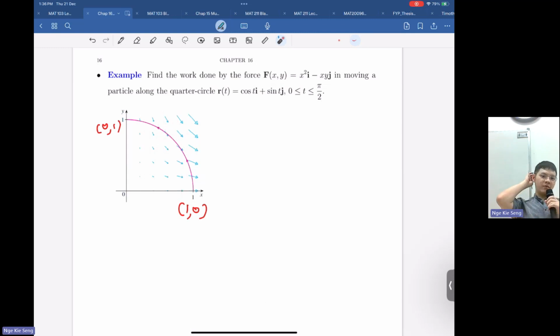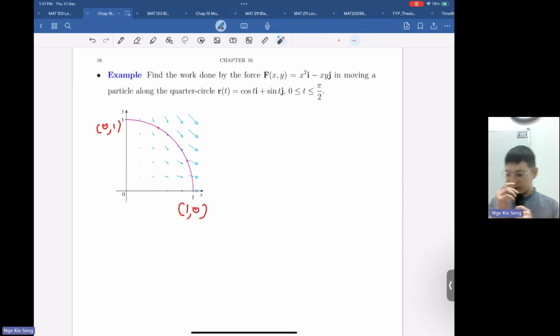So what can you expect here? Usually when you do work, when you push forward, the thing also moves forward. But this thing moves backward. So the work done will be negative. Let's see whether this work done will be negative or not.